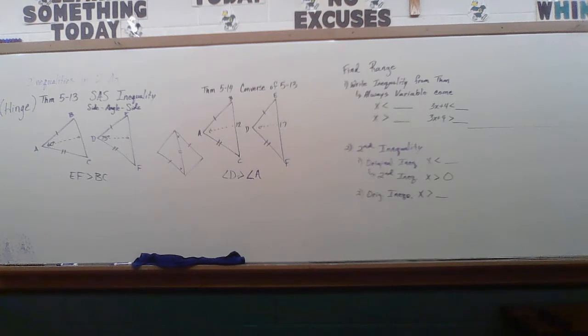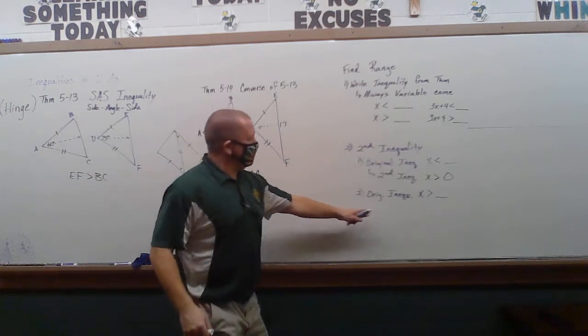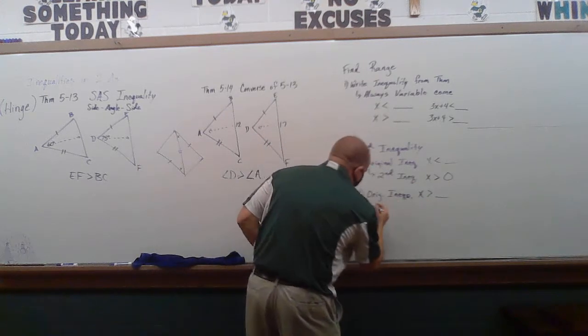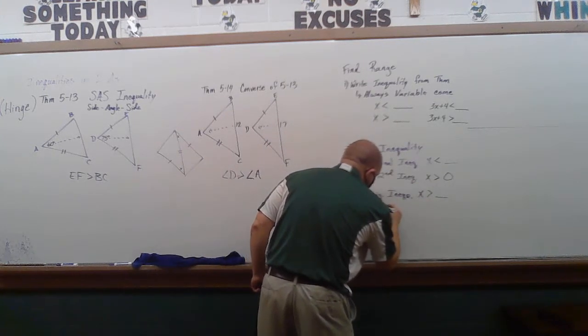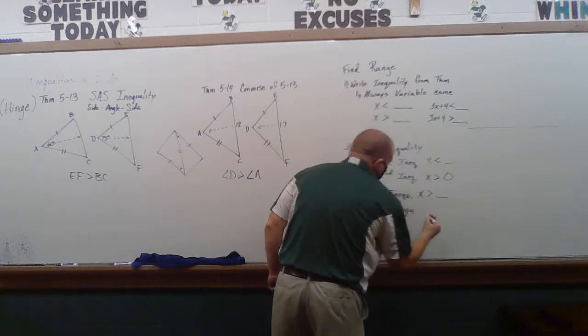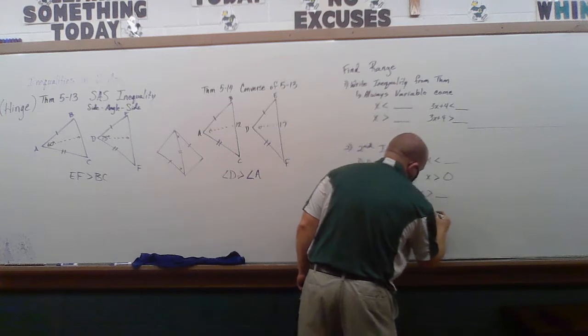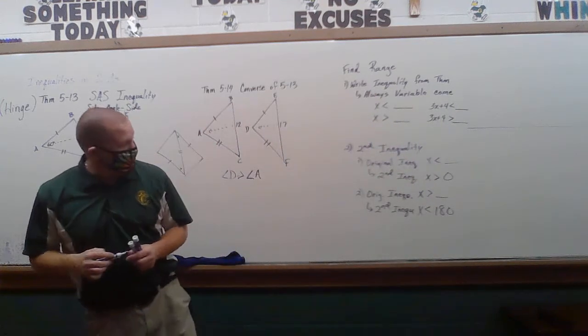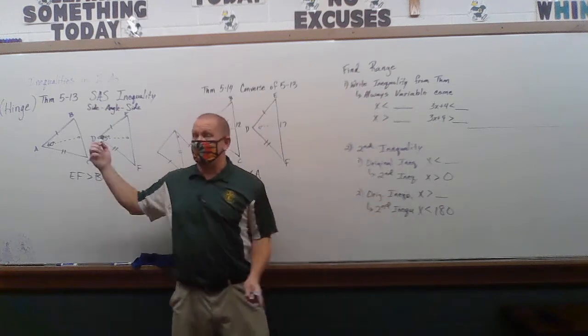Make sense? If the original inequality is x is greater than whatever we're doing, my second one has to be what? What do you think? Less than what? 180. Awesome. So again, I'm going to write the first one from the theorem.